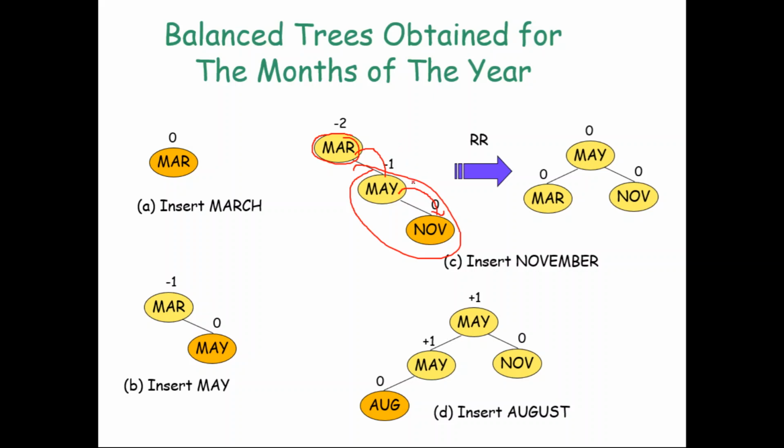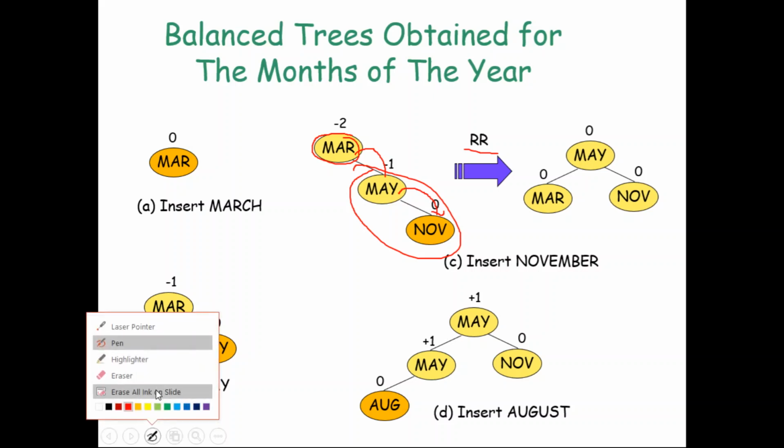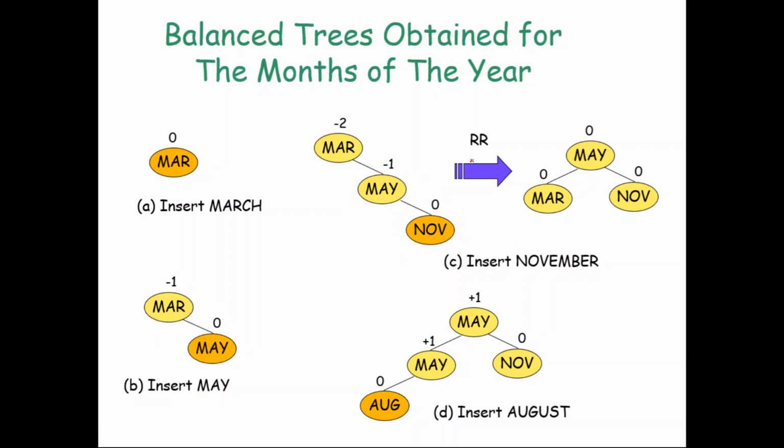So it is called RR, since it comes twice on the right side. It can be any level of right, but we call it RR. In that case, whichever node has the imbalance created, that node should be rotated left.